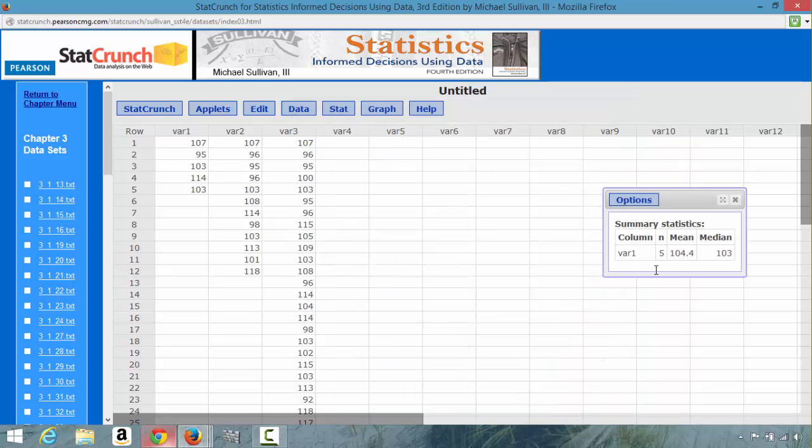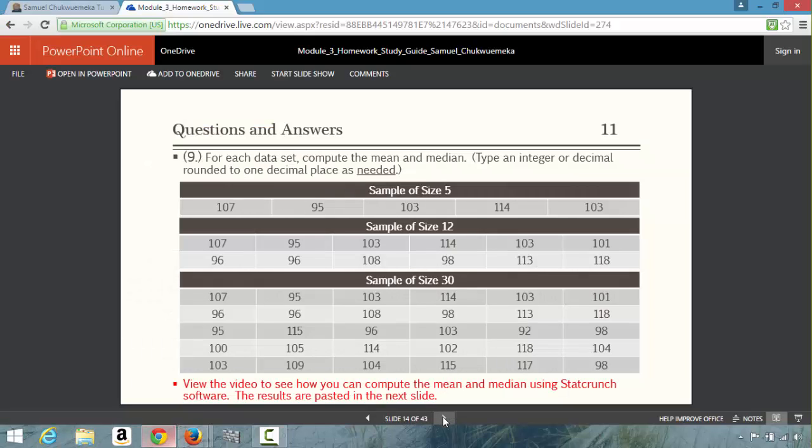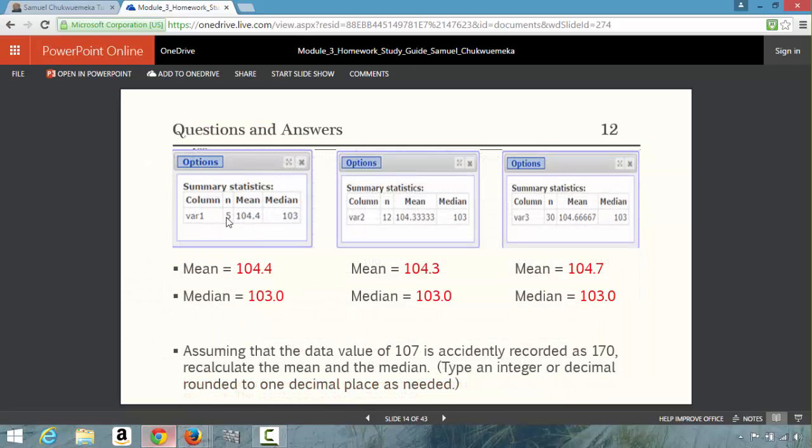Compute. So I have 5, 104.4, 103. Let me make sure I got it right here. Okay, 104.4, 103. So when you do that, this is what you get.